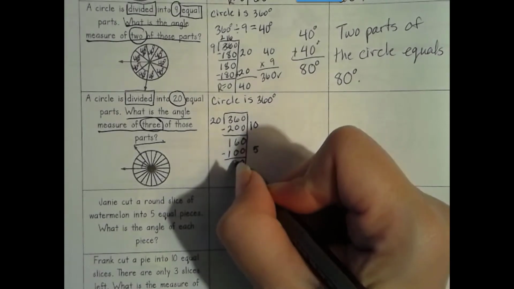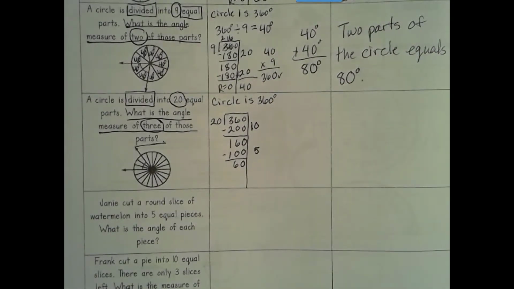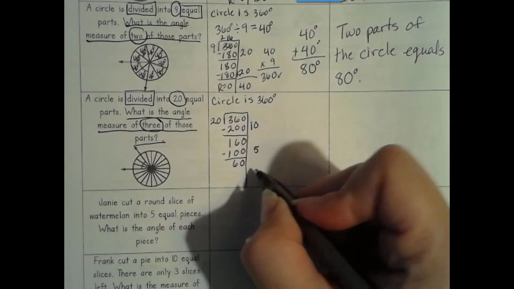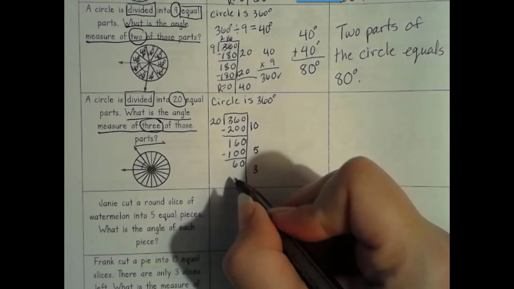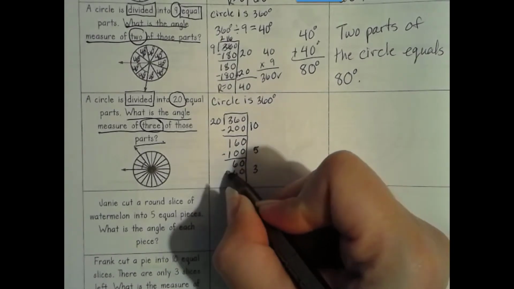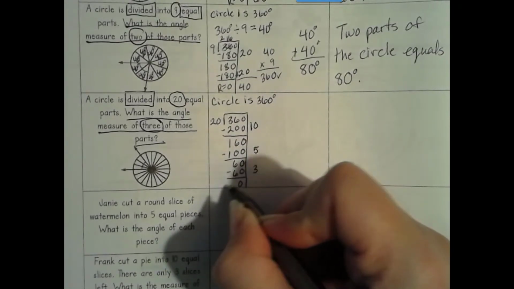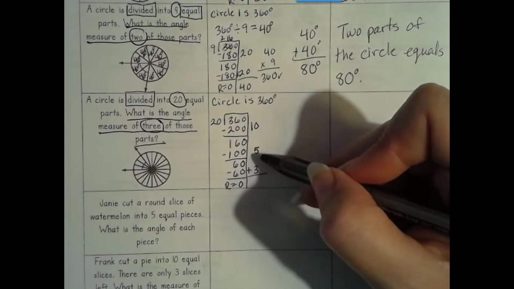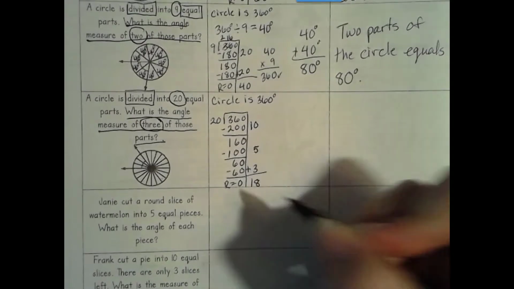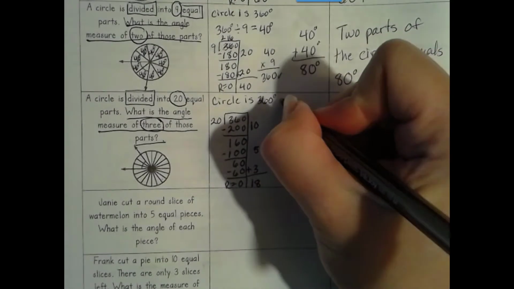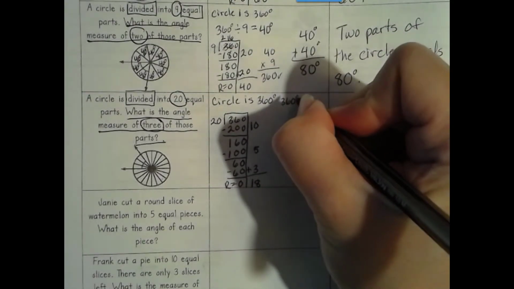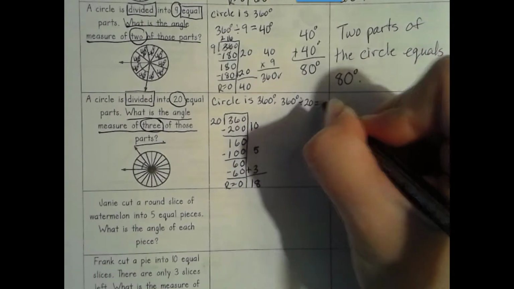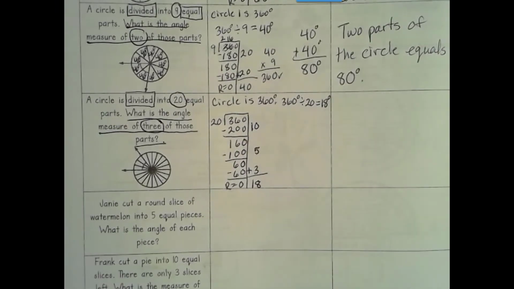Numbers the same, zeros a game. Oh, and I know how to get 6. 2 times 3. 3 times 20 is 60. Numbers the same, zeros a game. Add these together. 10 plus 5 is 15, plus 3 more is 18. So 360 degrees divided into 20 groups equals 18 degrees each.